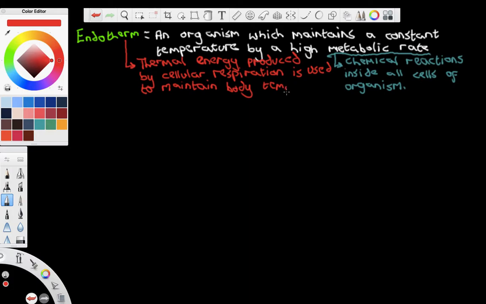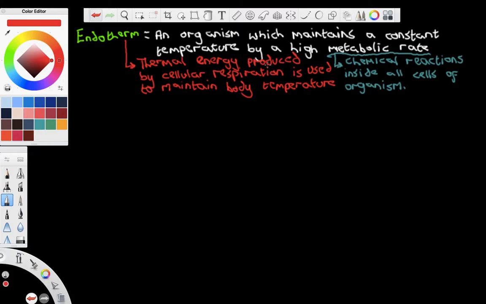Okay? So essentially, the organism has mechanisms in place that if it gets too hot, it cools down, but if it gets too cold, it uses metabolic reactions or respiration inside of cells to generate heat, which warms it back up.